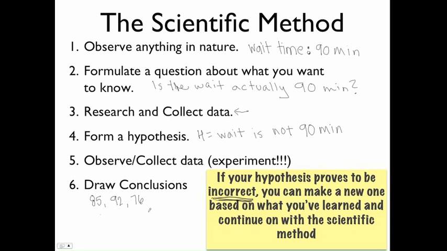And you can make a new hypothesis based on what you've learned and continue. So this can actually be a continuum. You can go back and start over again. Just because your hypothesis was wrong does not mean your experiment was a failure. You still learned things. So this is really key with the scientific method.